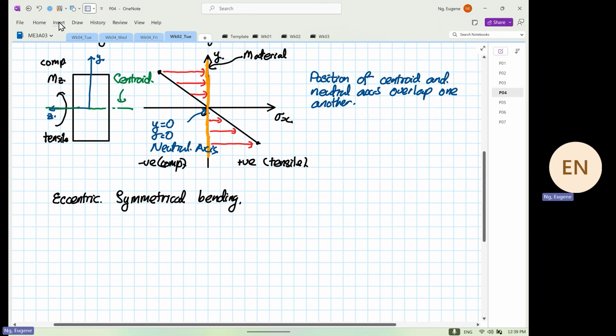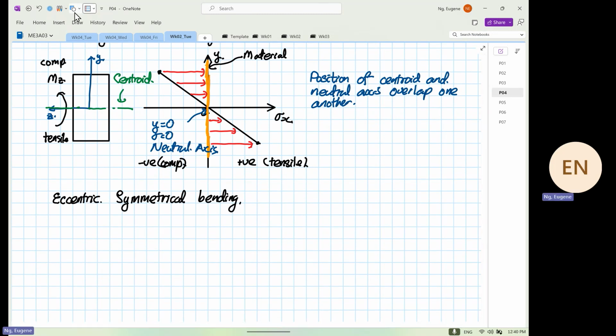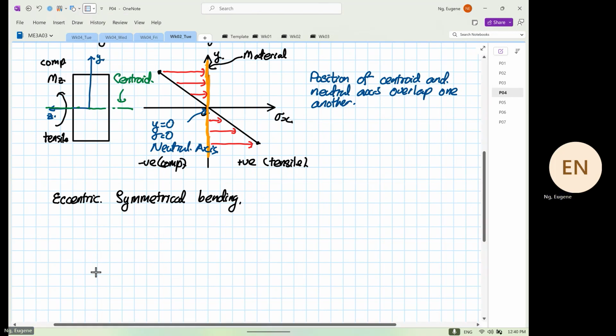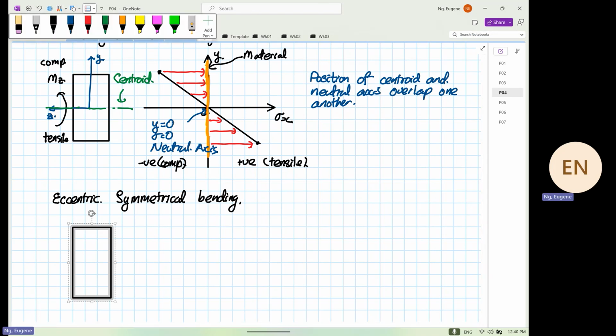So now, again, we have our geometry, this face. And then we have a moment. So again, this is our y-axis.